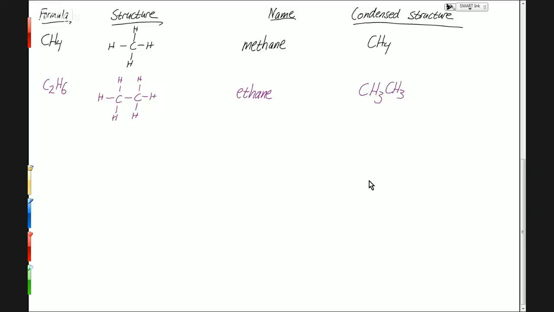All right. The next member of the series is called propane. And its formula is C3H8. See if you can draw the structure and the condensed structure for propane. So you need 3 carbons, 8 hydrogens.